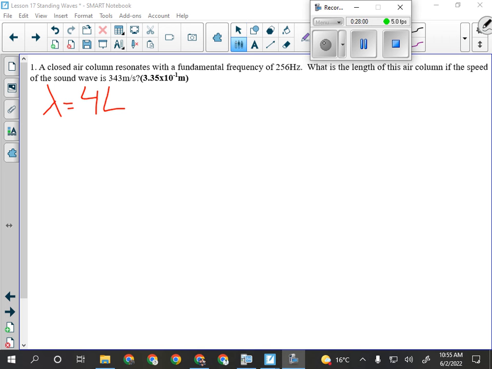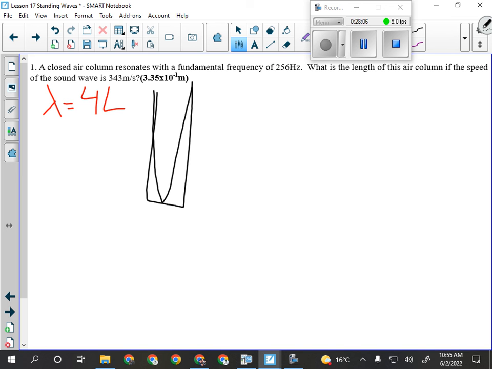Okay, so for this one here, we know that this is our situation. We have a closed air column resonating at its fundamental frequency, so that means that 1/4 of the wavelength is in the tube. We know that fundamental frequency is 256 hertz. We're looking for the length of the air column if the speed of sound is 343 meters per second.